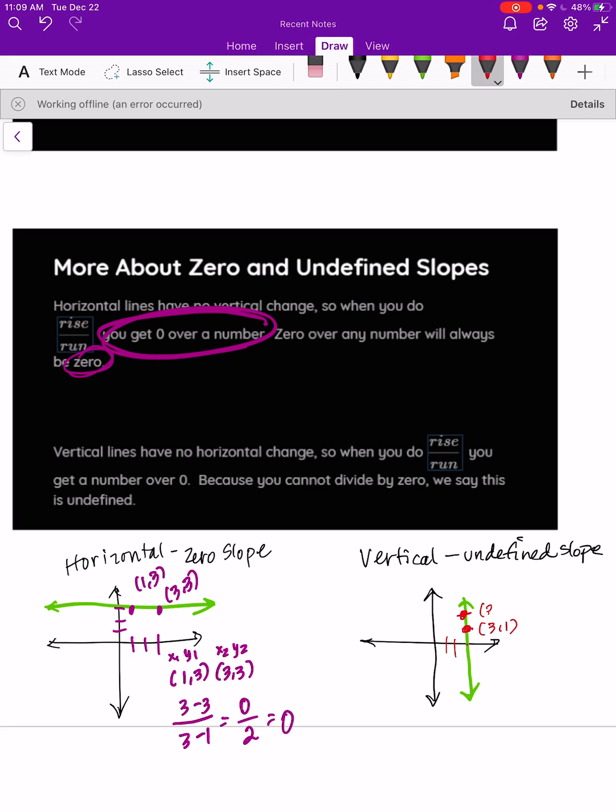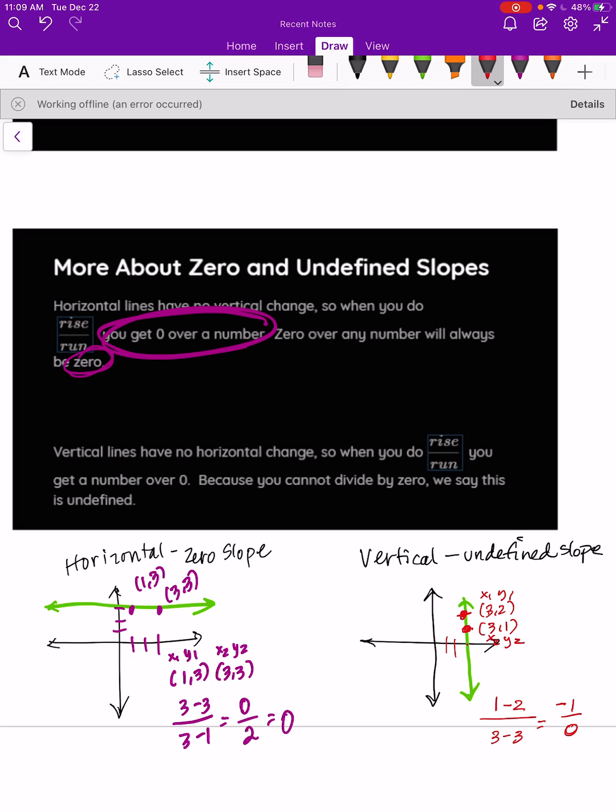Whoops, put a point there, 3, 2. When you do the math here, with x1, y1, x2, y2, and again it doesn't matter, we do 1 minus 2 over 3 minus 3. 1 minus 2 is negative 1, and 3 minus 3 is 0.